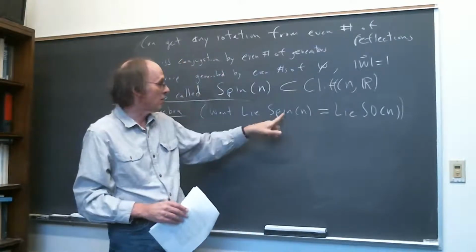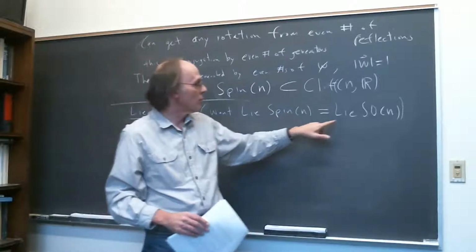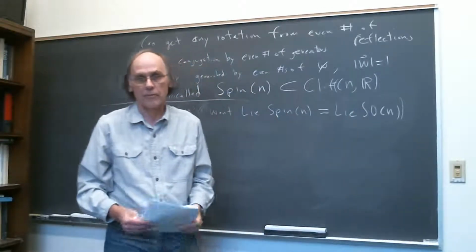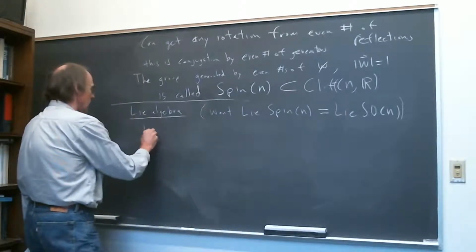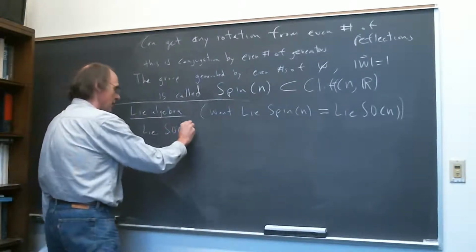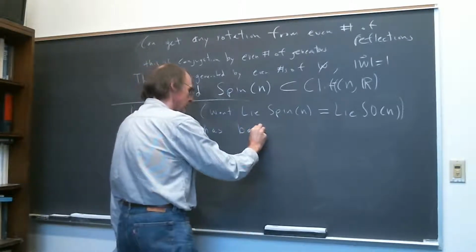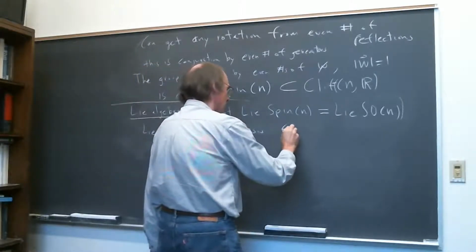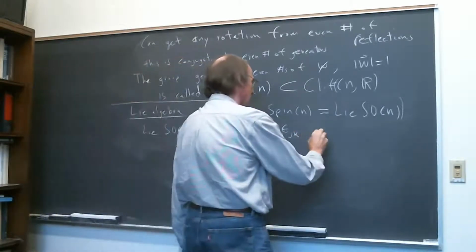So remember, the Lie algebra of SU(2) was the Lie algebra of SO(3). And here we know the Lie algebra of SO(n) has a basis epsilon_jk, where I've written j less than k.